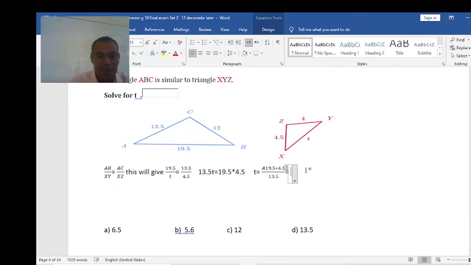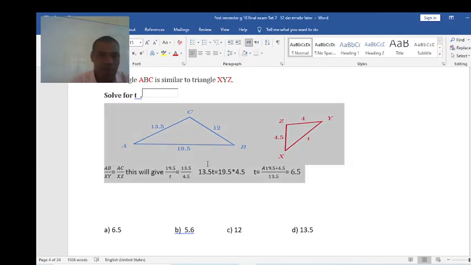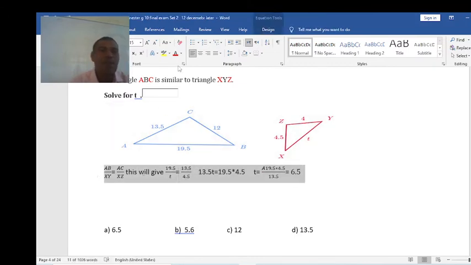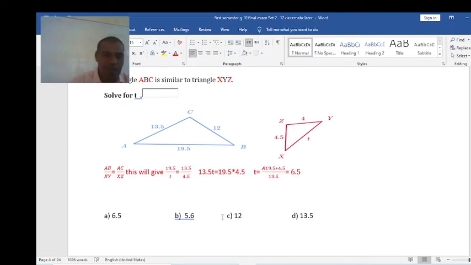Okay, 6.5. So the answer is 6.5. I can color this in just a moment. Yes, alhamdulillah, we found the solution. So here the correct answer is what, my learners? Is this one, 6.5.